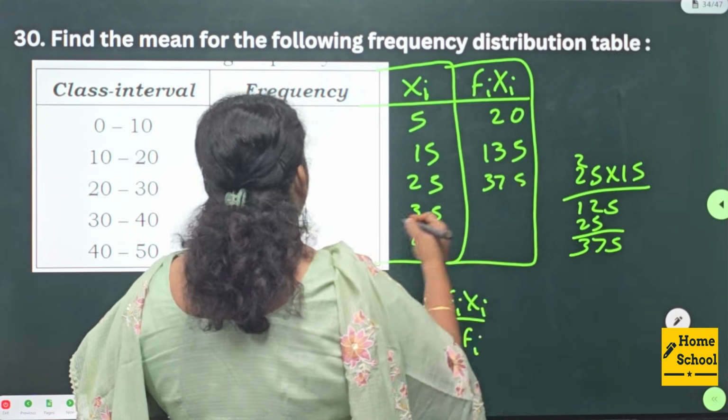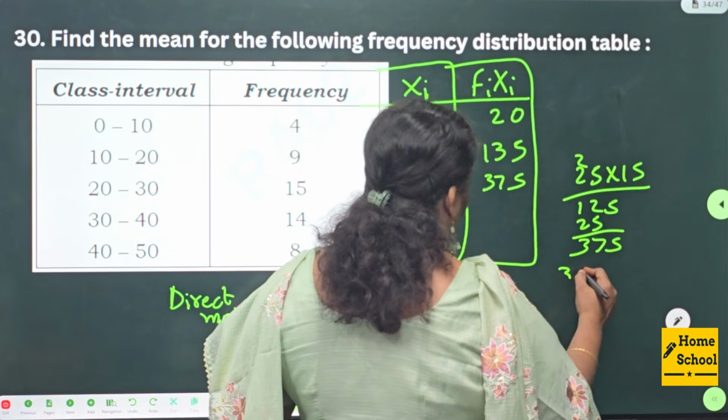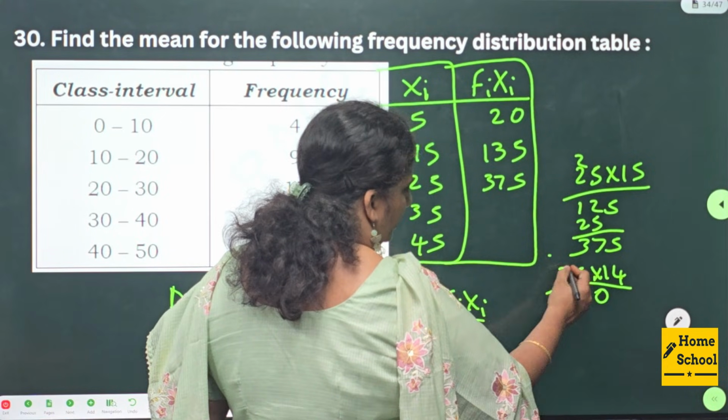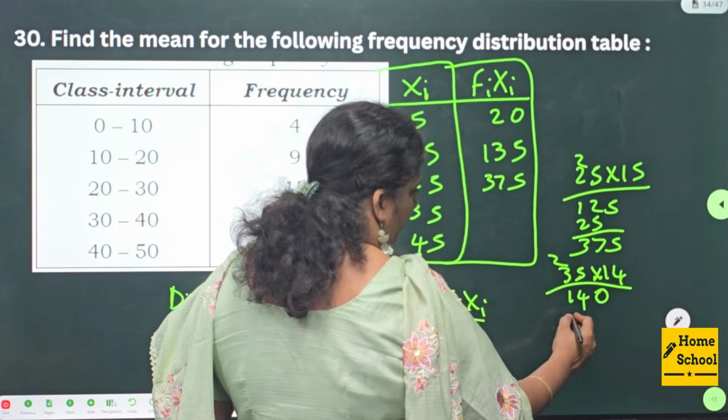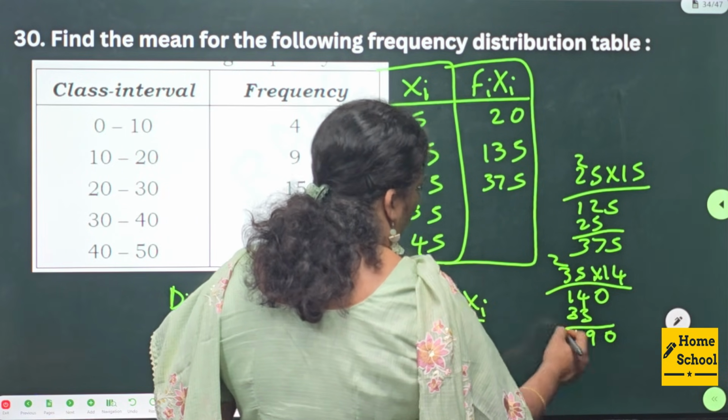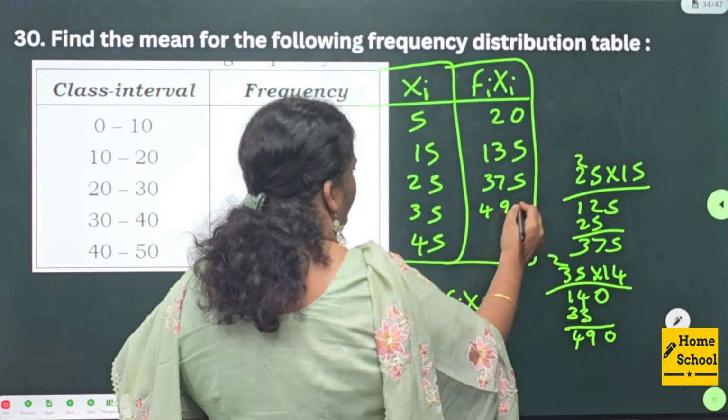375. Now 14 into 35. 35 into 14: 4 5s are 20, 12, 14, 35, 0, 9, 4. 490.